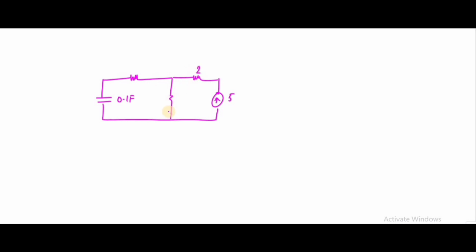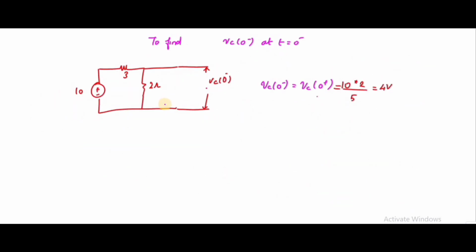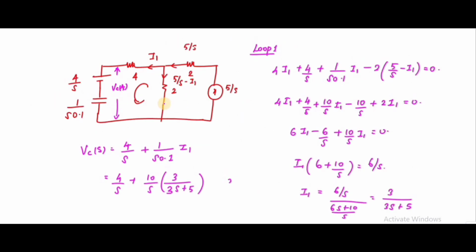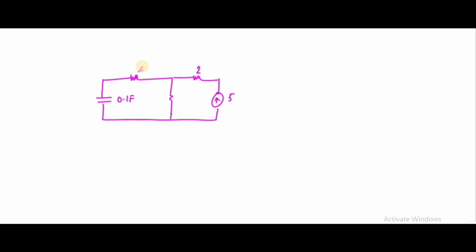If the switch is in position 2, you will get this 3 resistor, that 5 amps, and you have a capacitor of 0.1 farad, and the resistance values. So first you need to find the value of R equivalent and C equivalent.